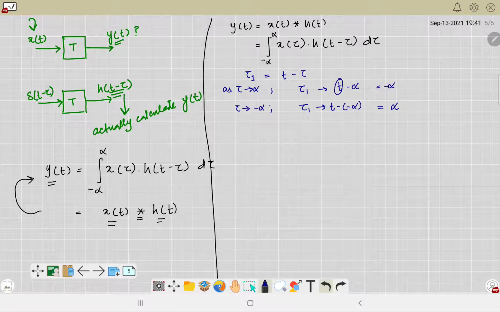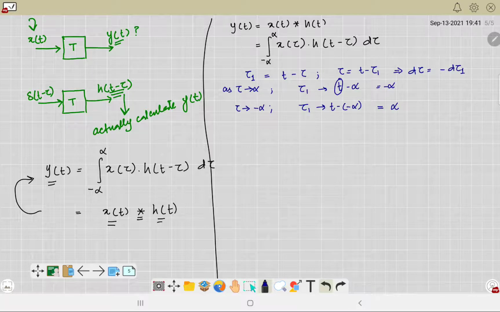Also in this integral, we have put tau 1 equal to t minus tau, which means tau is equivalent to t minus tau 1, which implies d tau is equivalent to minus d tau 1.